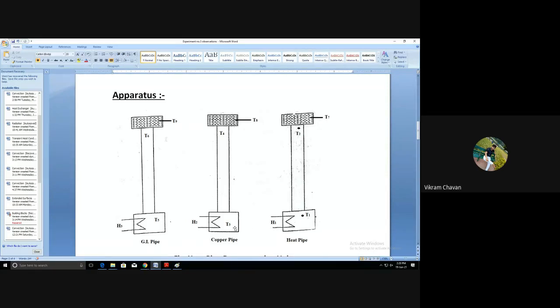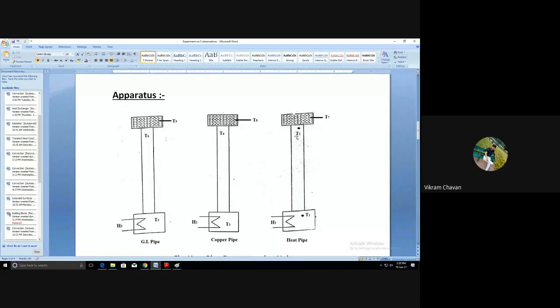Then the T3 thermocouple will measure the copper pipe bottom side temperature, and the T5 thermocouple will measure the temperature of the galvanized iron pipe at the bottom side. In a similar fashion, the T2, T4, and T6 thermocouples are placed just below the heat sink.